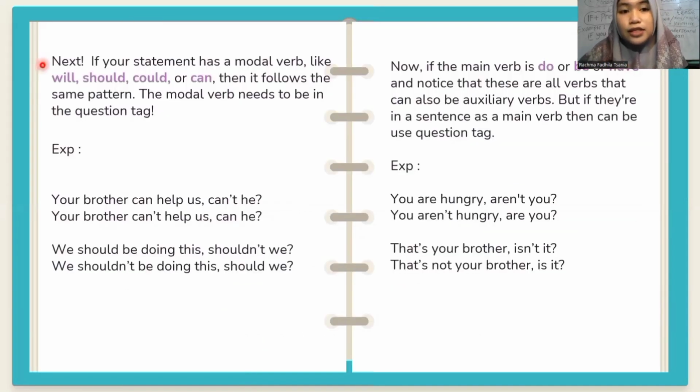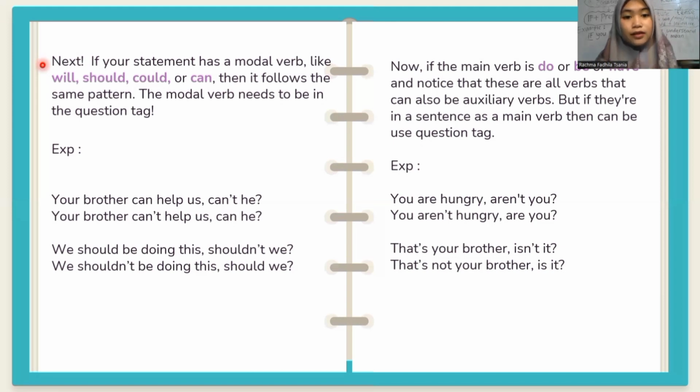Next, if your statement has a modal verb like will, should, could, or can, then it follows the same pattern. The modal verb needs to be in the question tag. Example: your brother can help us, can't he? Your brother can't help us, can he?